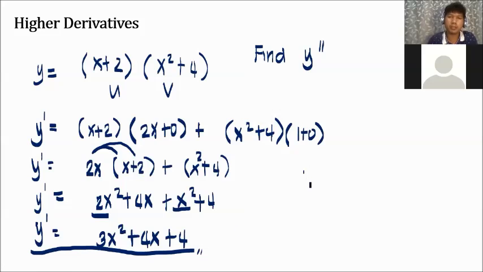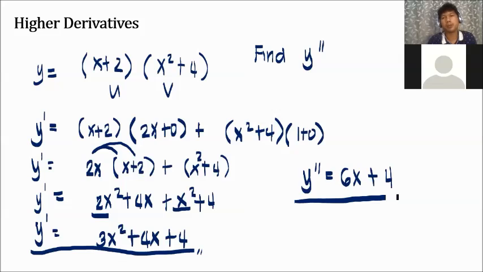For the second derivative, y double prime, that is 6x plus 4. So this is our second derivative. Maybe we can do the third derivative here because it's easy. Then 6, right?